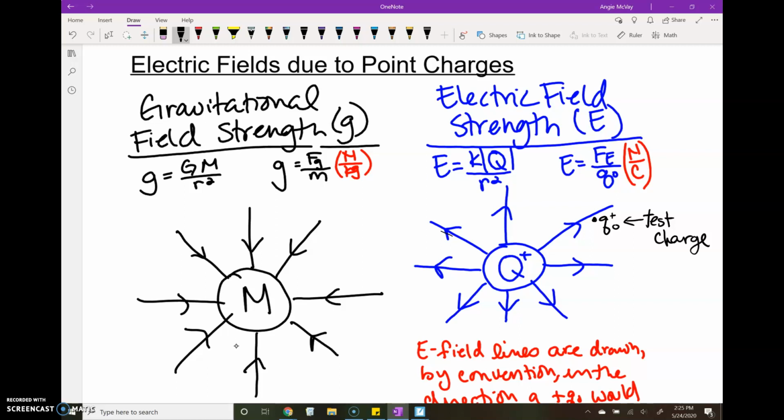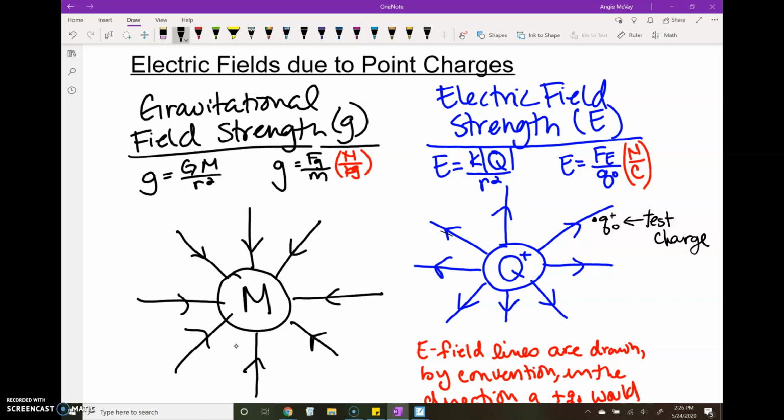I also want you to look at the density of the electric field lines. Density tends to represent electric field strength. So here, closer to the charge, your electric field lines are closer together, which means the electric field strength is stronger, closer to this big charge. Out here, the electric field lines are further apart, which by convention symbolizes that the electric field is weaker further out.